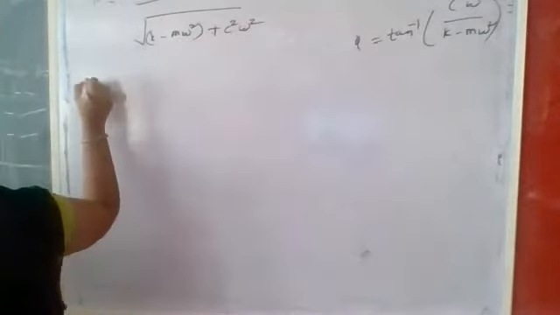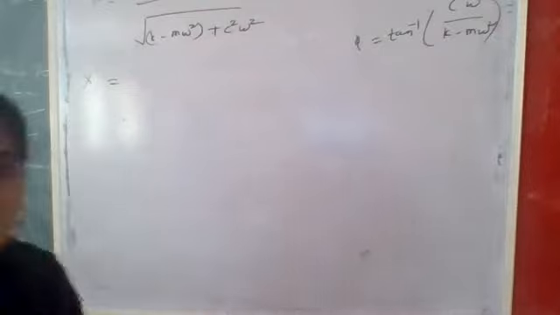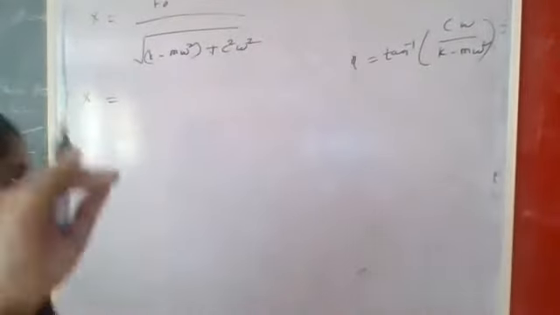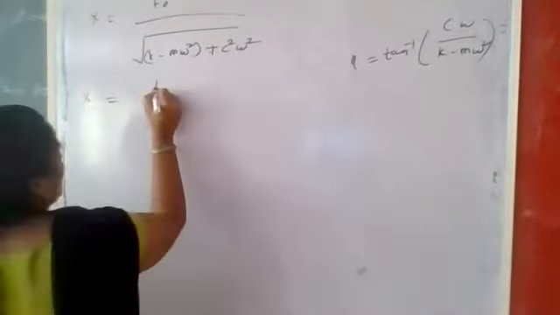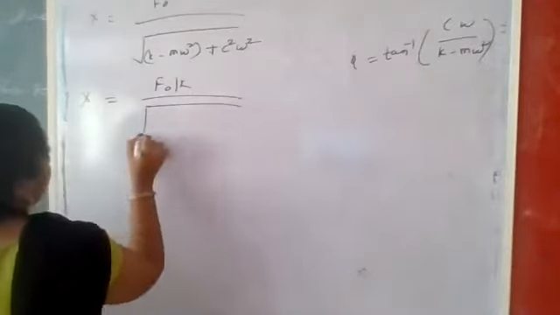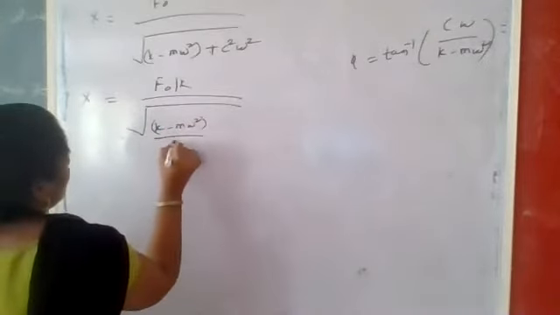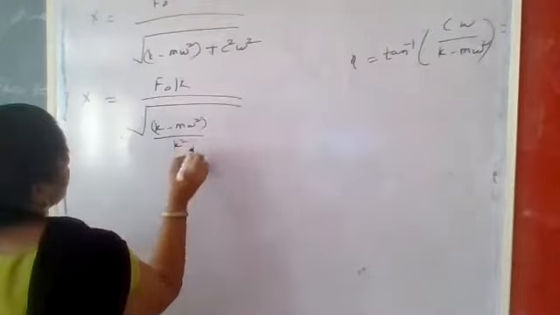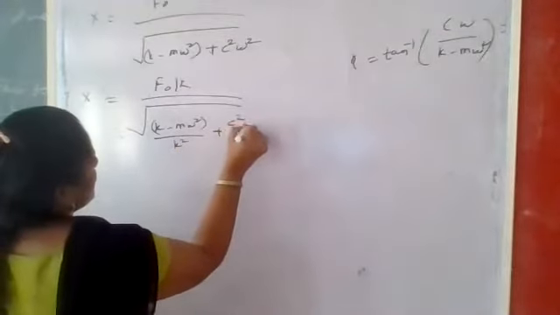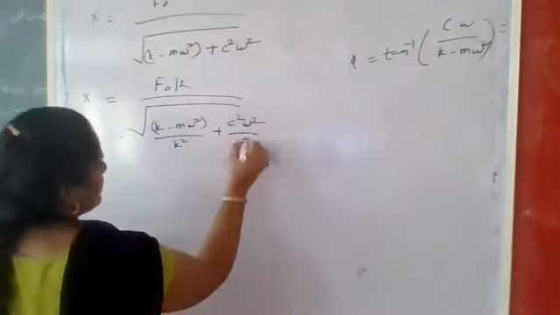Okay, so we have to convert this value in terms of the zeta. How to convert this value in terms of the zeta? You can see, divide by k on the upper side as well as the lower side: divided by k square plus c square omega square upon k square.